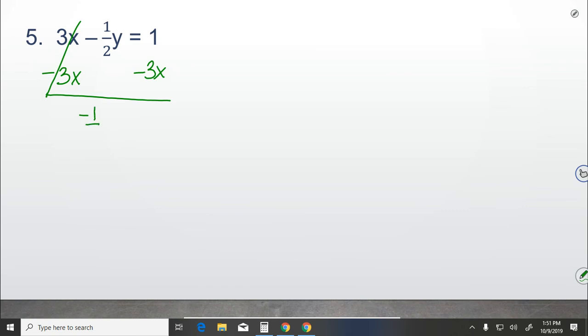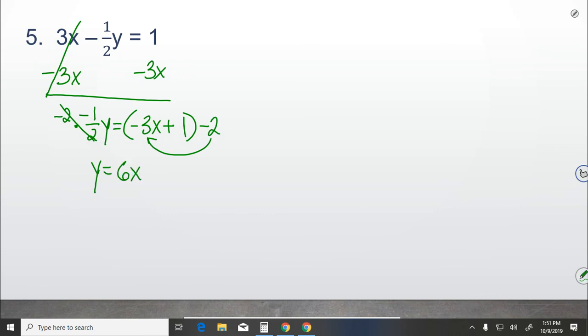So number 5, we want to start by subtracting 3x. We get negative 1/2 y equals negative 3x plus 1. You want to multiply by negative 2 on both sides to get rid of the fraction. Now y equals negative 2 times negative 3 is 6x, and negative 2 times positive 1 is minus 2. So there's our y equals mx plus b form.